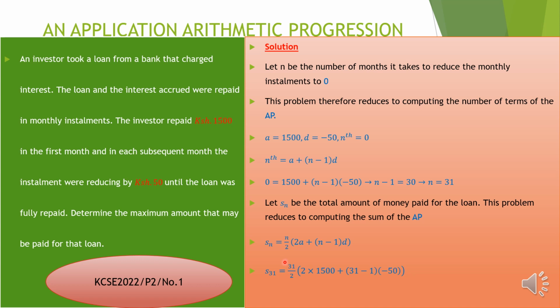Then you're going to have 31 over 2, that is n, and then 2 multiplied by a, which is 1,500, plus n, which is 31, minus 1, and then multiplied by negative 50. Working this out, you will realize that it reduces to 23,250 shillings. So this is the maximum amount that will be paid for that particular loan.